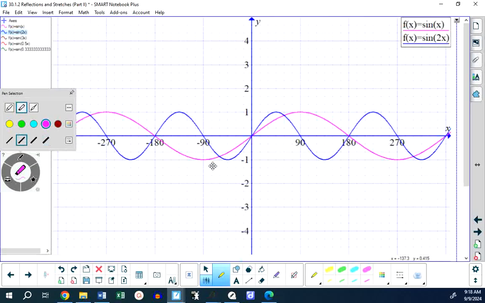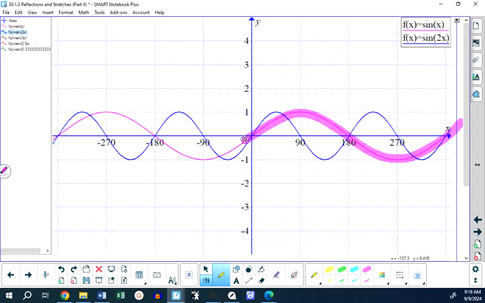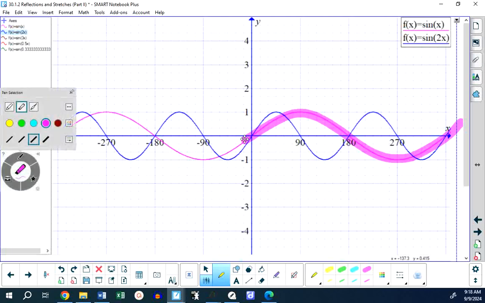I don't normally like using this highlighter, but it matches. So this is the original function. And I'm just going to refer to the stuff that's on the right of the y-axis. And if you take a look at it, it goes through one complete wave, one complete up, back to the middle, down to the bottom, back to the middle in 360. But that now, when you look at the original compared to the new one, completes one complete wave in 180.